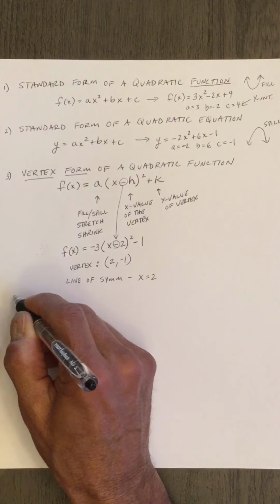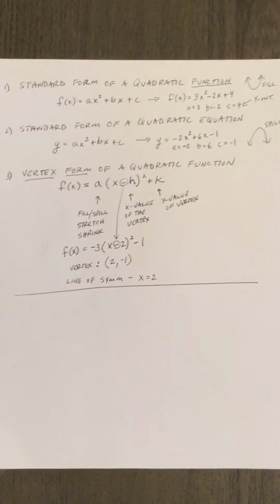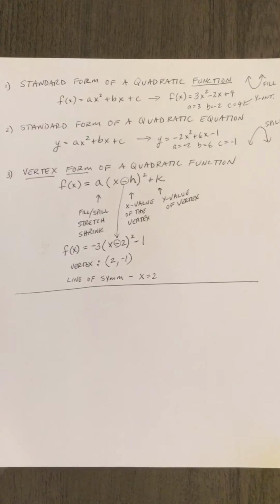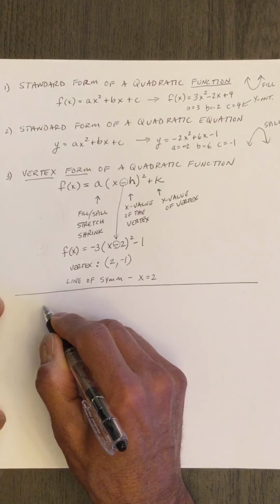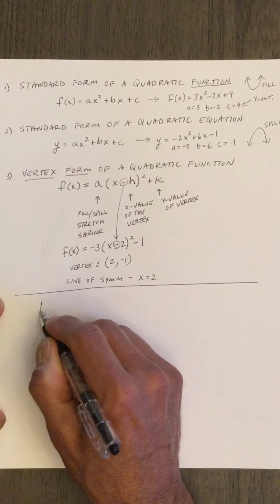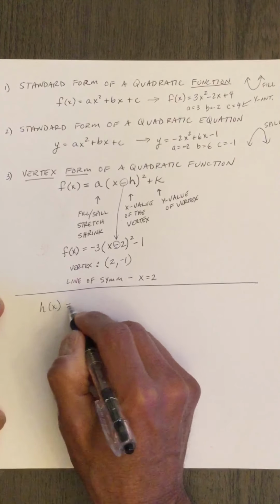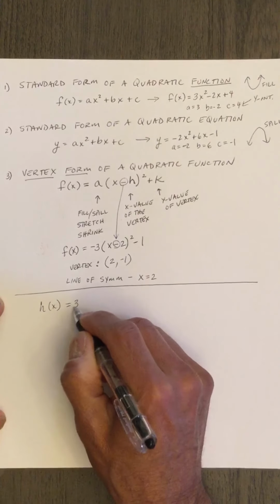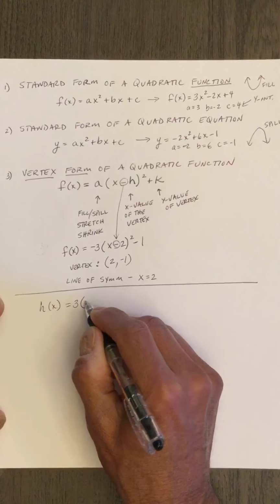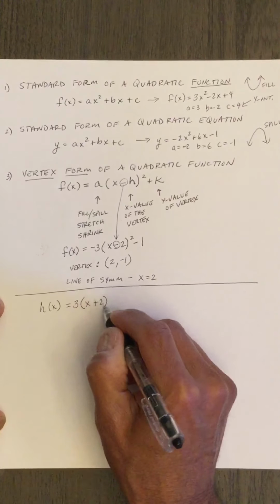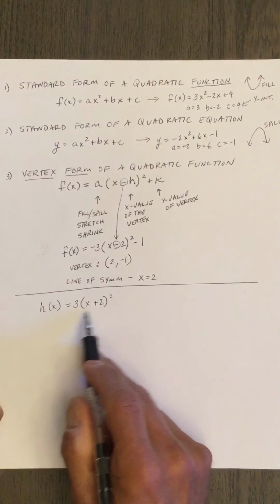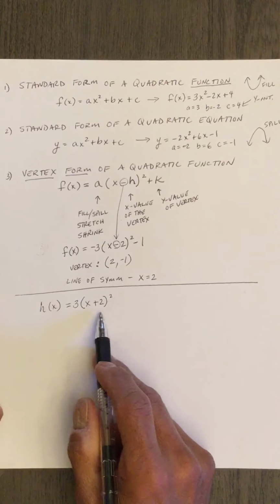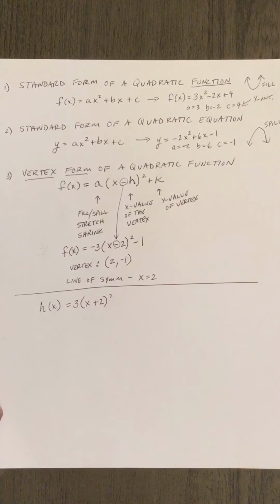Let's take another problem, okay? Let's start with something like this. Let's say, I'm just going to make this up, okay? H of x equals 3 and then x plus 2 squared, okay? Now, this is in vertex form. I know it doesn't look like it, but it is, okay?